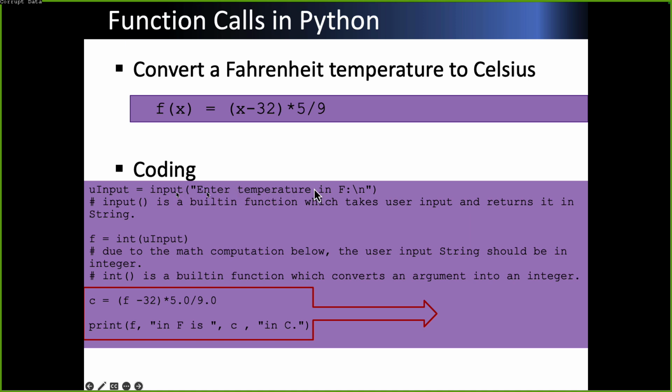So we send this value: Enter temperature in F, colon, \n. So your cursor will wait after the new line. So carriage return will move to the next line, and then the cursor will be blinking in the next line.